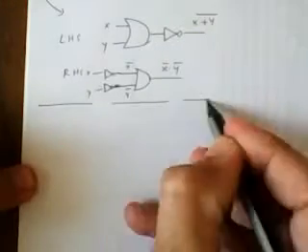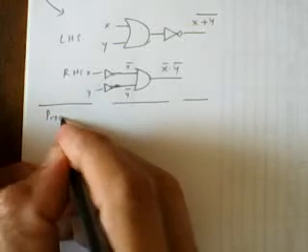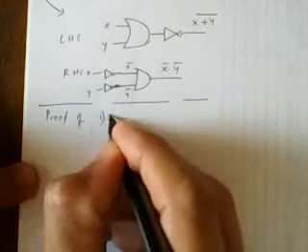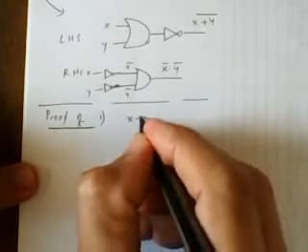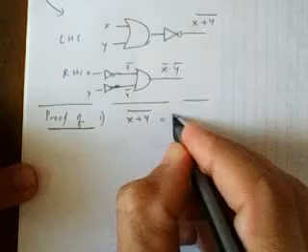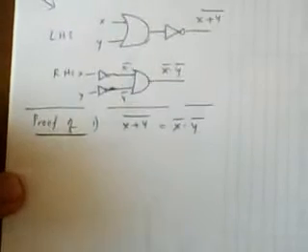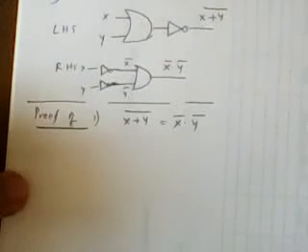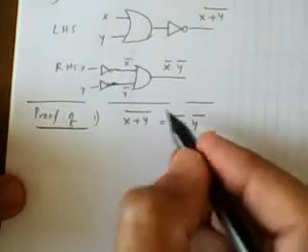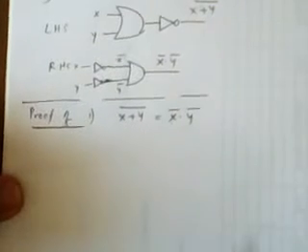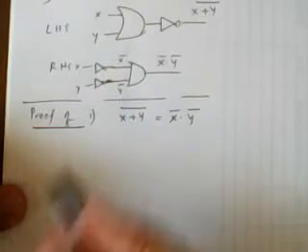Now we will prove this theorem. We will prove the first theorem, that is x plus y whole bar is equal to x bar dot y bar. To prove this theorem, we make use of the complementarity theorem. We have studied the complement theorem in my earlier class. I'll write that.